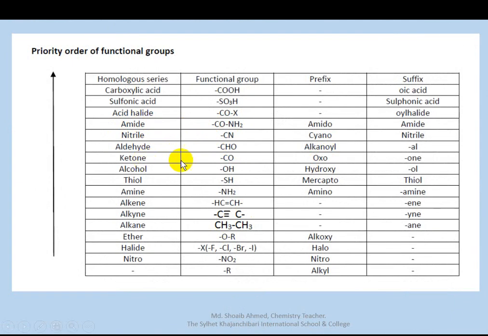Ketone: CO. Alcohol: OH. Alkene: carbon-carbon double bond. Alkyne: carbon-carbon triple bond. Okay, this functional group is sometimes used as a prefix. Okay, the next slide.